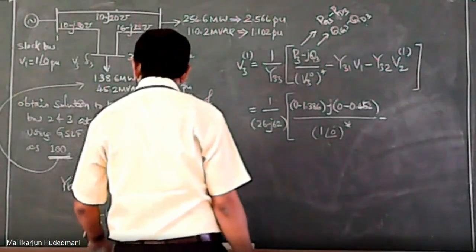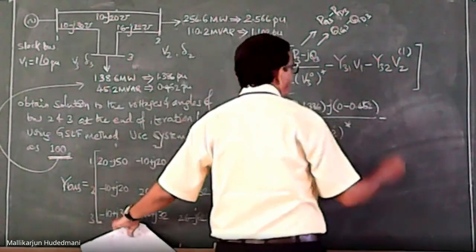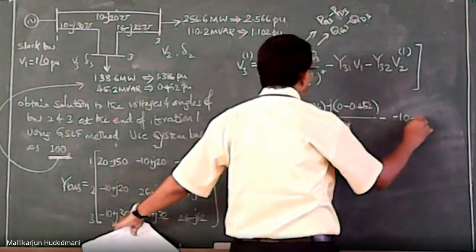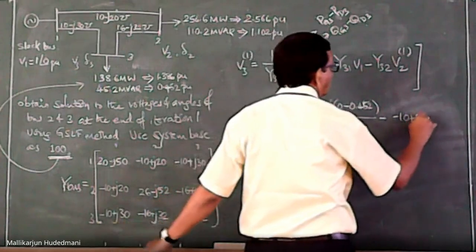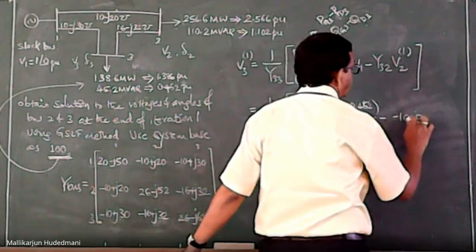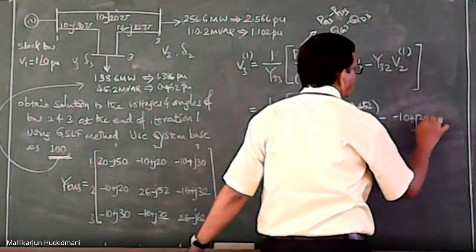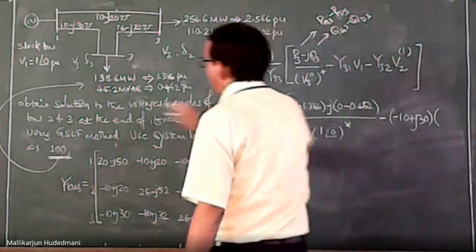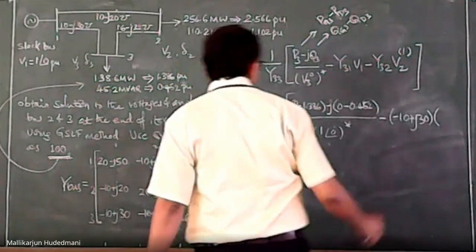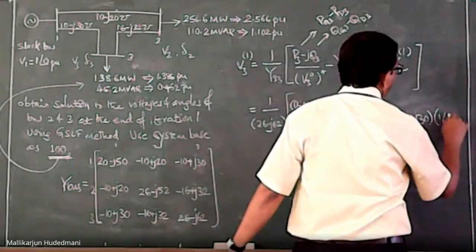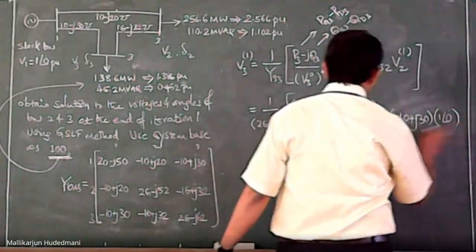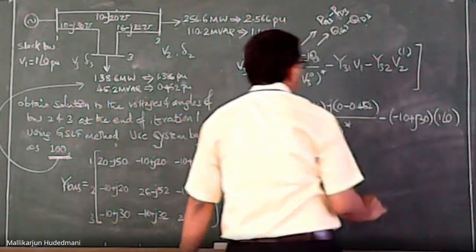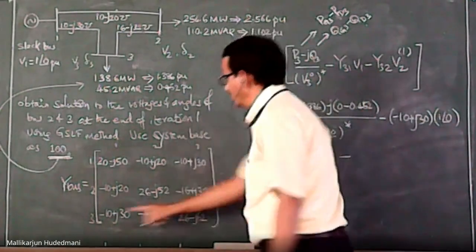So what is Y31 for me? Y31 is minus 10 plus j30, into V1. What is V1 for me? V1 is 1 angle 0. Minus, what is your next Y32 term?